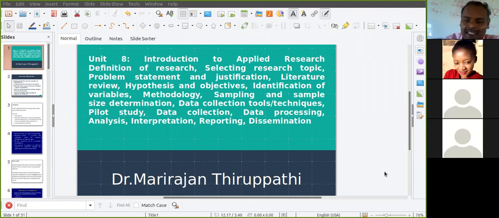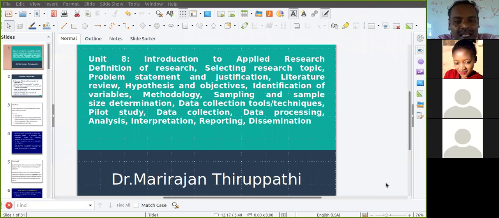Any research, you need to start with the literature review. Literature review is common for all the research methodologies. Then fifth one, setting hypothesis and research objective. Sixth one, identification of research variables.